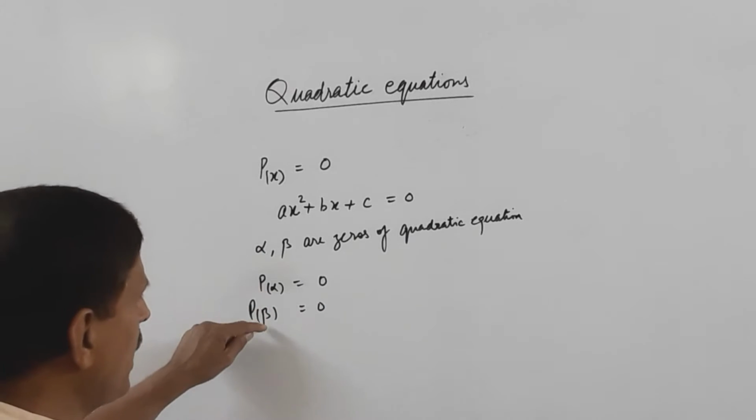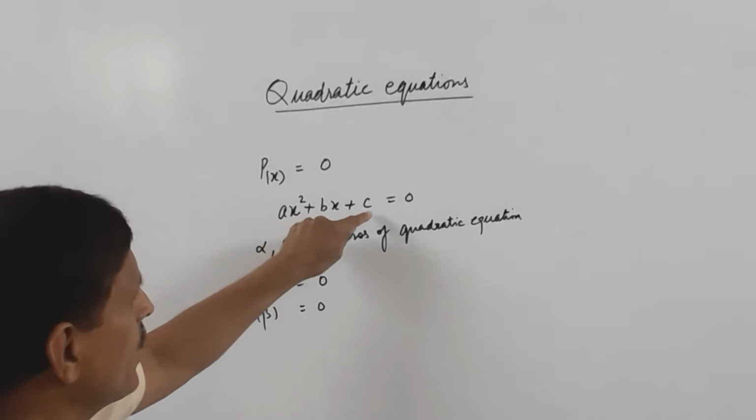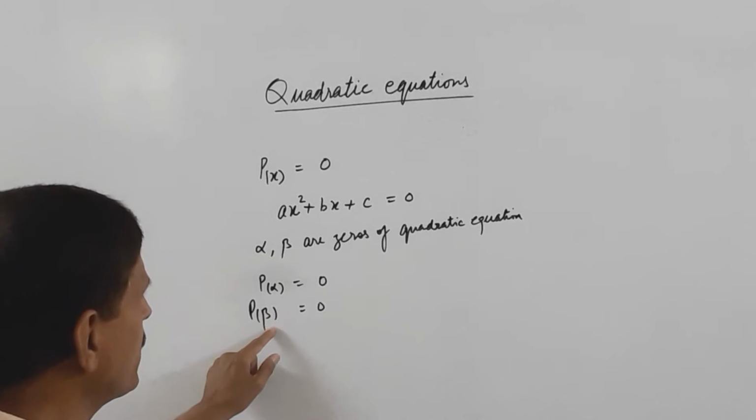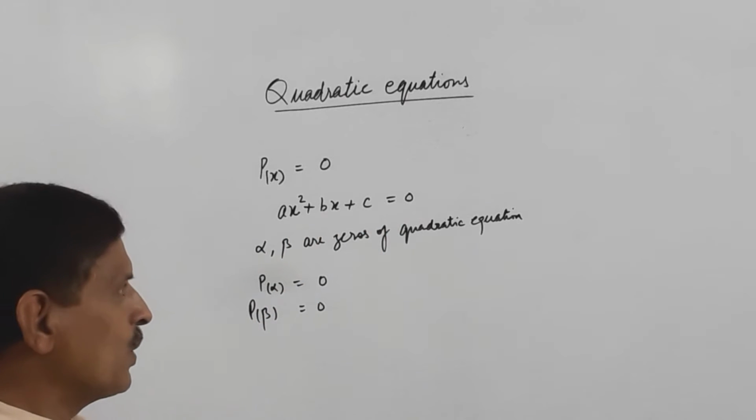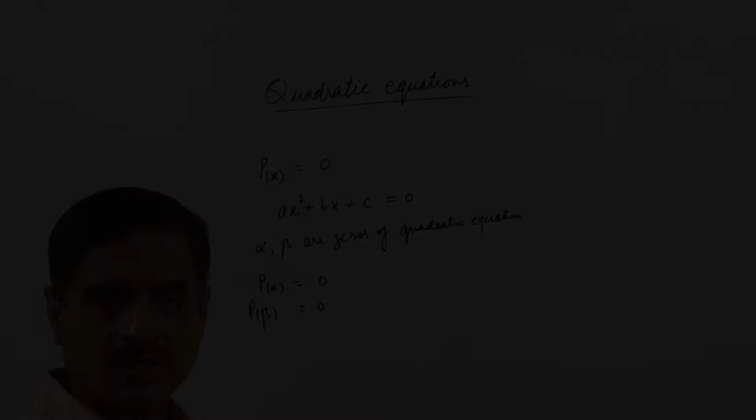So here alpha and beta are the values of x. If we replace x in the quadratic equation by alpha and beta, the result is 0. Then we can say alpha and beta are zeros of the quadratic equation.